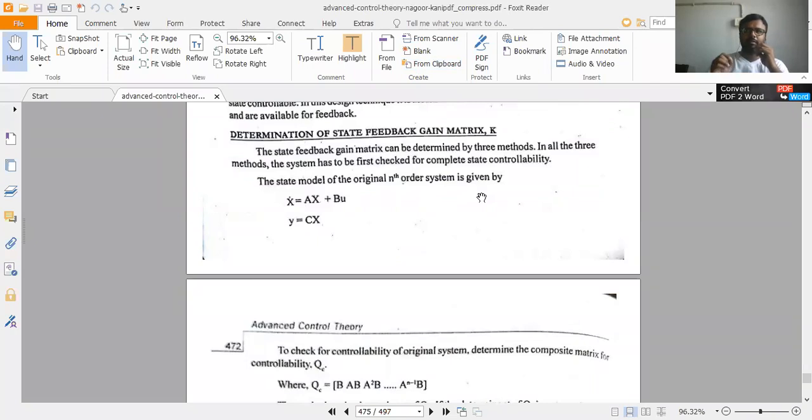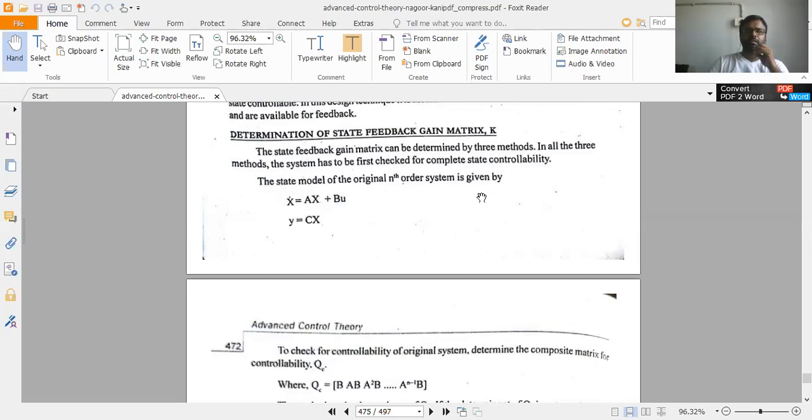As you are familiar with the state space equations, x dot is equal to Ax plus Bu and y is equal to Cx, the system has to satisfy the controllability condition.